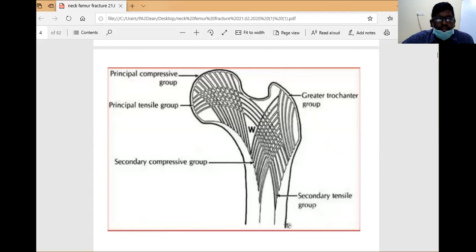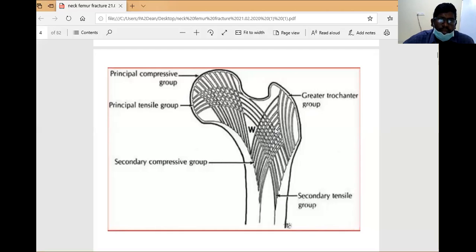And in grade 4, the principal tensile group intensity is decreased, means there is some continuity, but their width is decreased. The principal tensile group runs from the greater trochanter region to the head of the femur. There is a break at the level of the neck, and it is hardly seen in the X-ray.